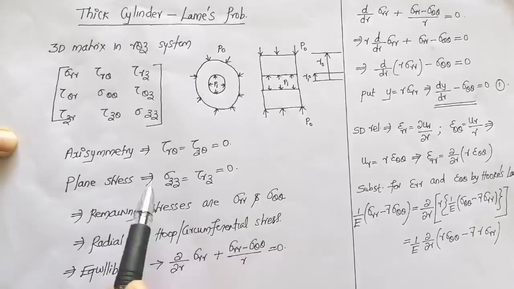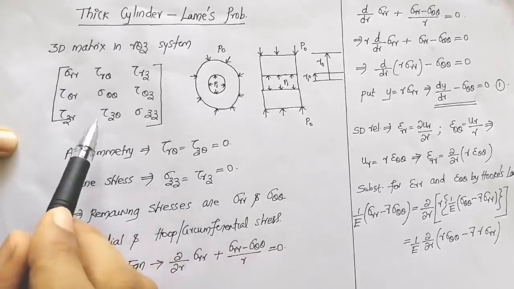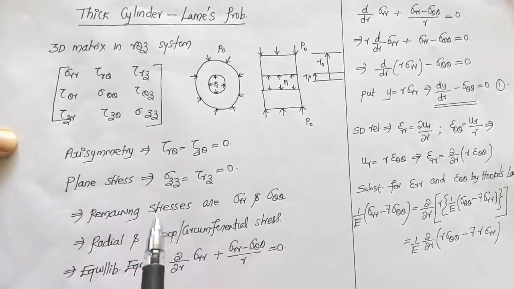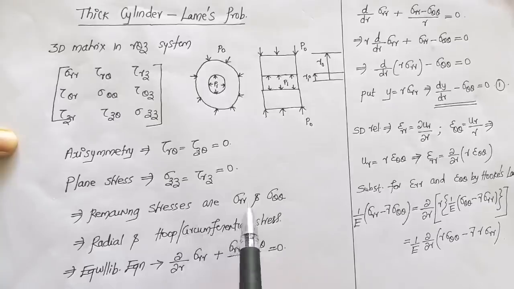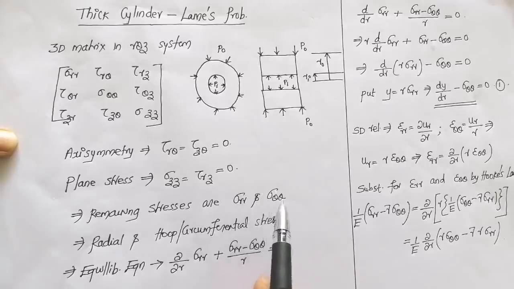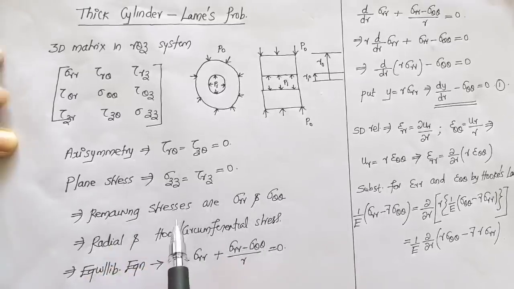So if I apply these conditions on this stress matrix, the remaining components I am obtaining are only sigma rr and sigma theta theta. So for Lame's problem, we have the equations for sigma rr and sigma theta theta. So this is how we are obtaining only two stress components, all other stress components vanish. So sigma rr is called radial stress and sigma theta theta is called hoop stress or circumferential stress.